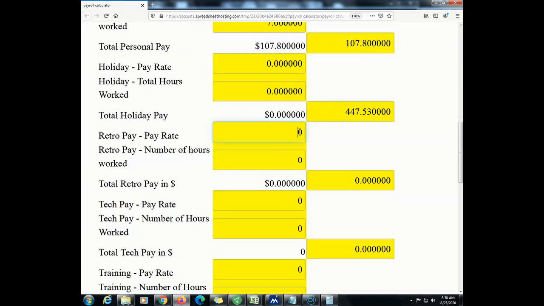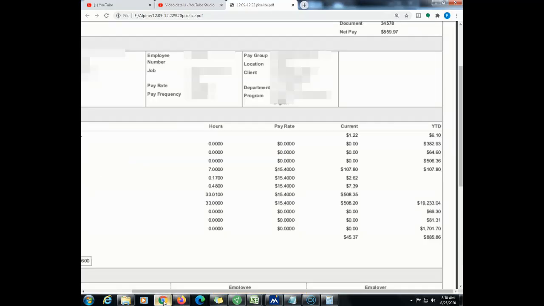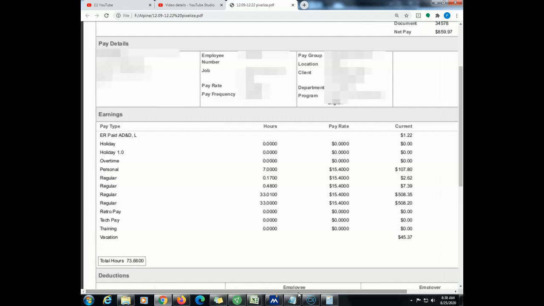Next you will need your retro pay. The way retro pay works, if you have differences in pay rates, let's say your pay rate changed from $15 to $15.40. However, you were paid as per your standard pay rate, $15, even though you were supposed to get paid $15.40 since your last pay stub.